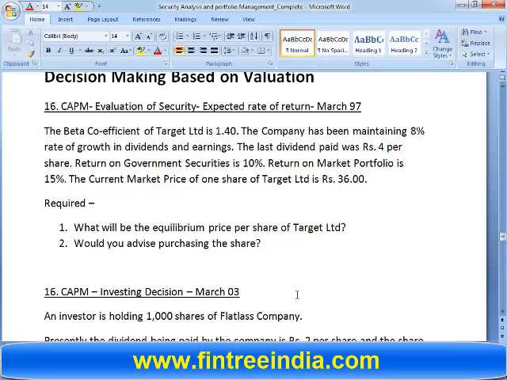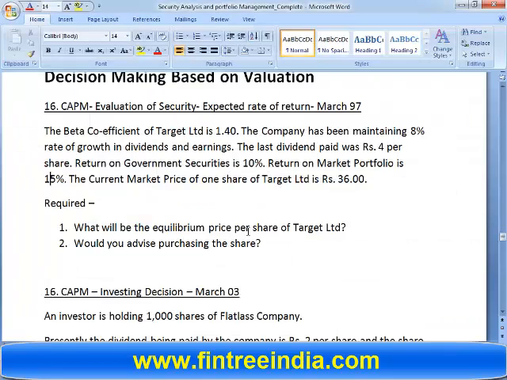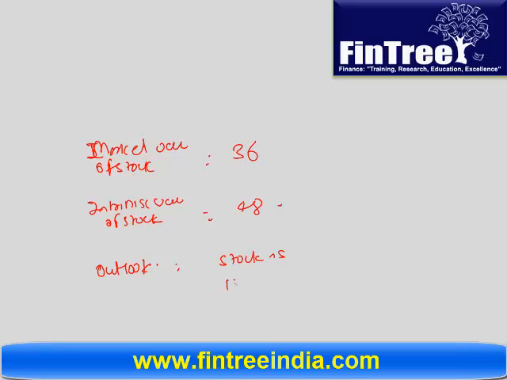Okay. And then how do you solve part 2? For part 2 you can make a small table. Here you would say market value of the stock. Market value of the stock is given as 36. Intrinsic value of stock: 48. Therefore outlook is stock is undervalued.